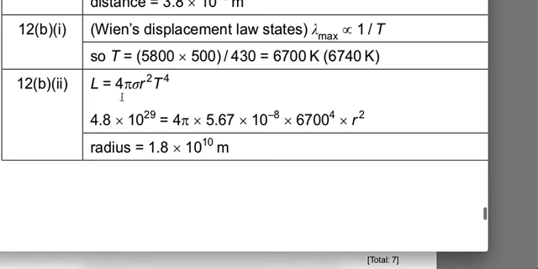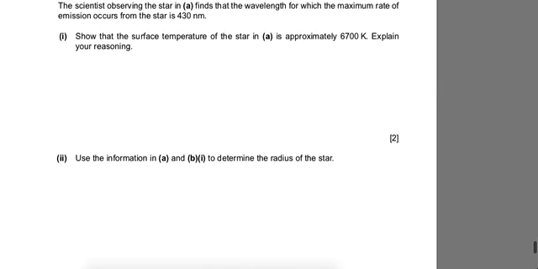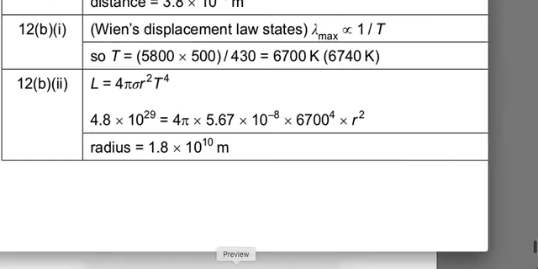So L = 4πr²σT⁴, Stefan-Boltzmann law. 4.8 × 10^29 is the luminosity. 4π times r squared, which is unknown, and temperature is 6700 kelvins to the power 4, and sigma is the constant given in the exam, 5.67 × 10^-8, and that means you get r as 1.8 × 10^10 meters.